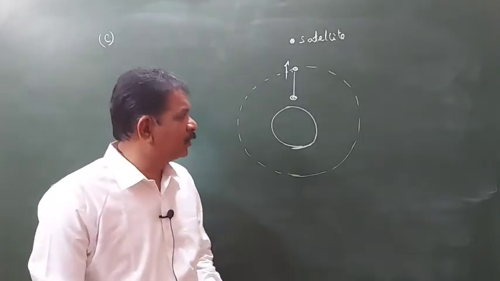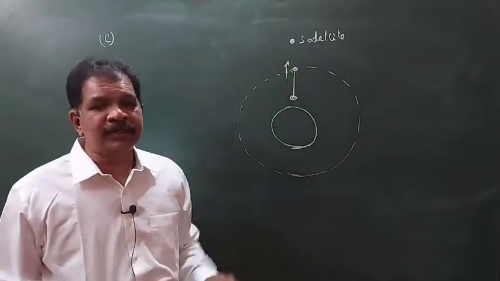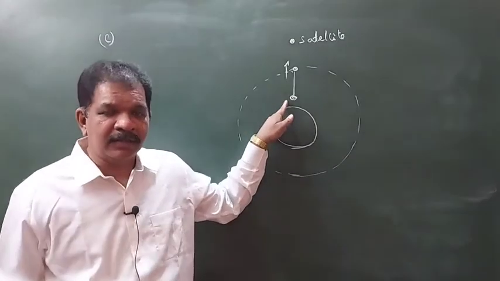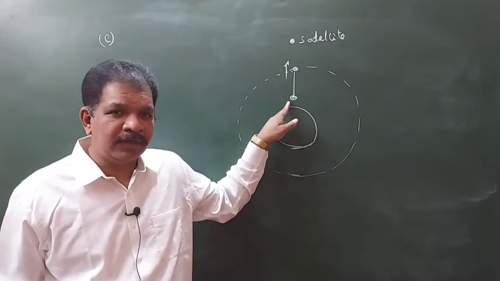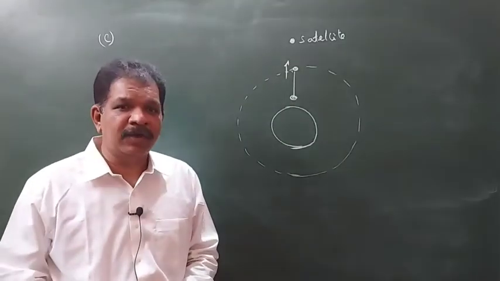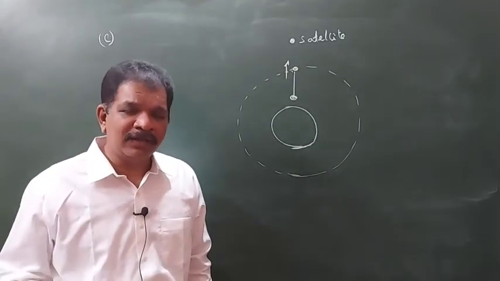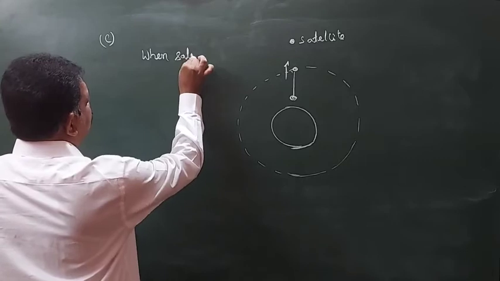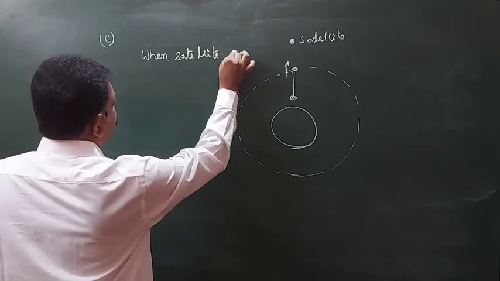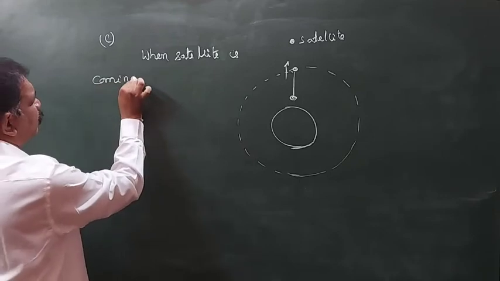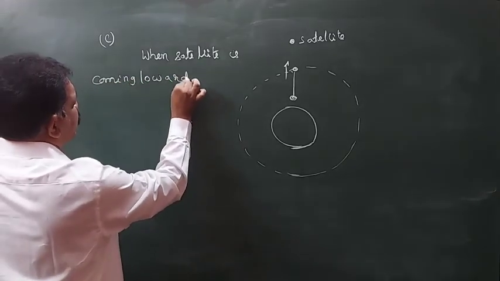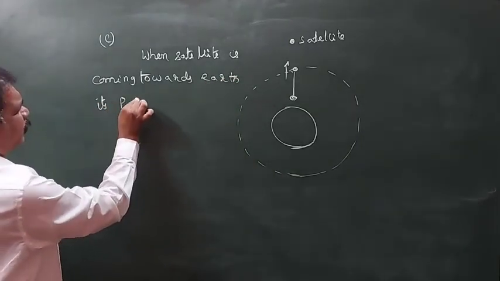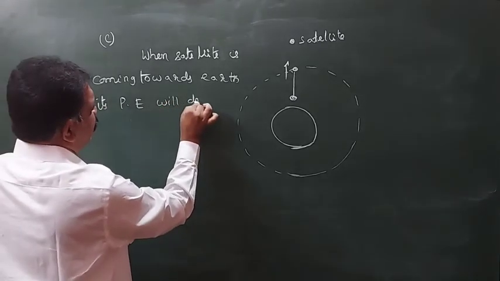Understanding? Or in other words, we can say the total energy of the satellite is constant. When the satellite is coming towards the Earth, its potential energy value will decrease, so its kinetic energy value will increase. We can write any one, no problem. When satellite is coming towards Earth, its PE will decrease.